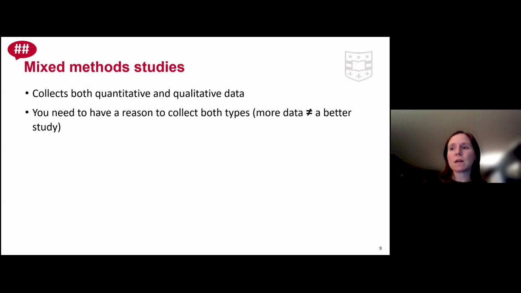Or if you're doing something like a survey validation where you've developed a survey, you're going to administer it to people, but then you have to do maybe some cognitive interviews to make sure that they're answering the question that you're actually asking, and that they're interpreting the question the way you mean it to be interpreted rather than a different way. Those sorts of things you might need to use mixed methods to get the information that you're looking for.